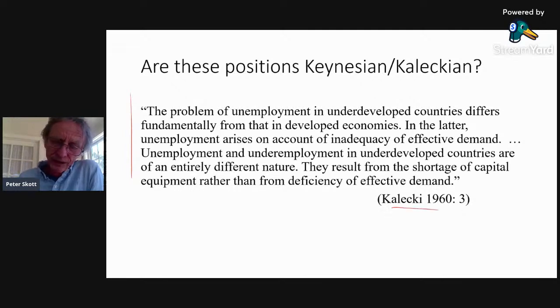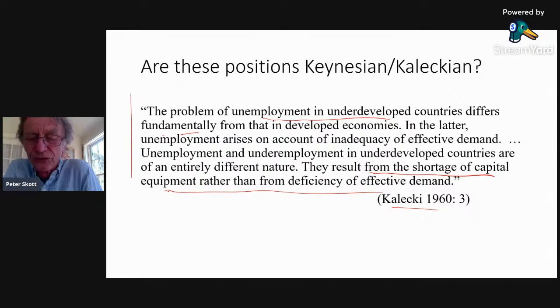I have a little quote here where he talks about how unemployment in underdeveloped countries differs fundamentally from unemployment in developed economies. In underdeveloped countries, the underemployment is the result of a shortage of capital.